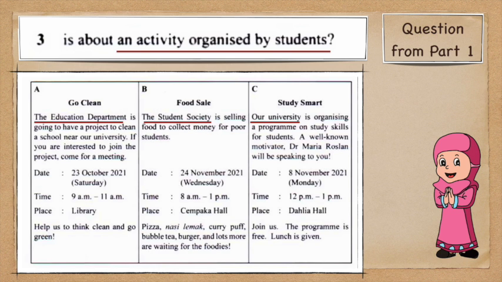And if we go to B, in notice B, the student society is selling food to collect money for poor students. So it's very clear, very obvious that the students organized the activity, right? So the answer is B.